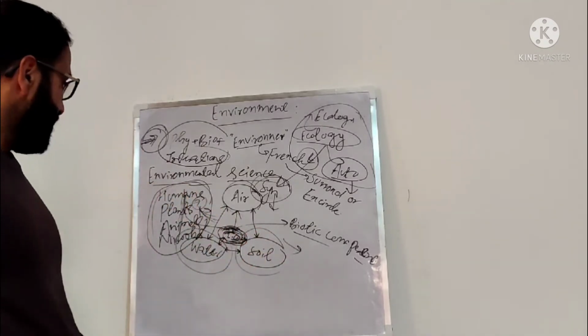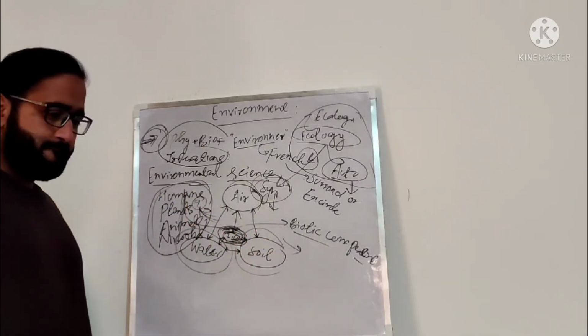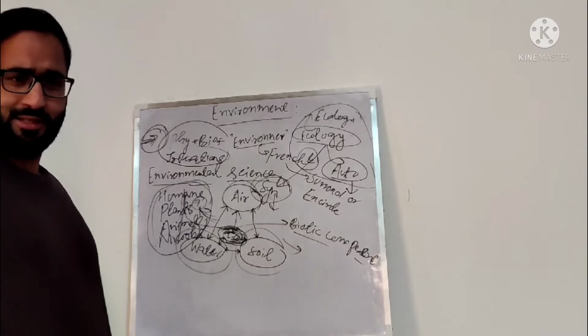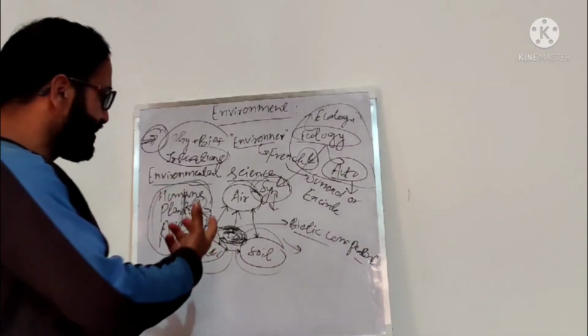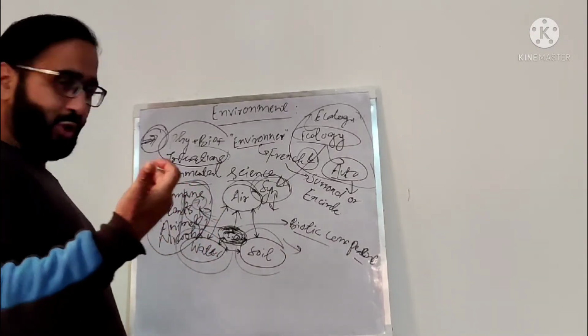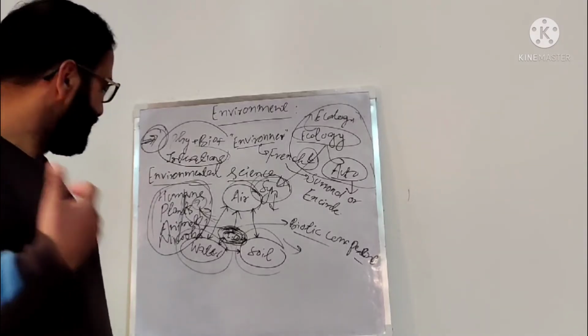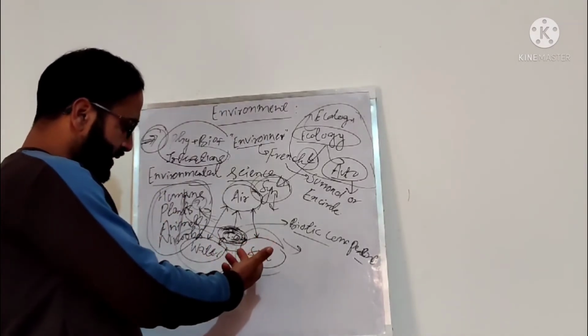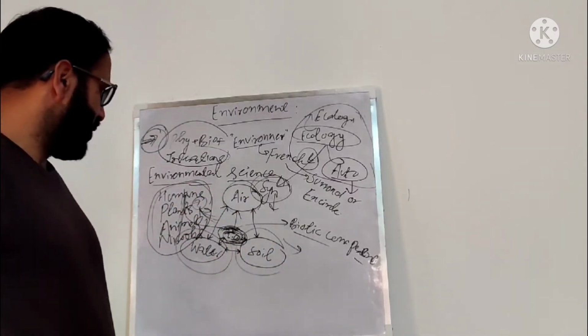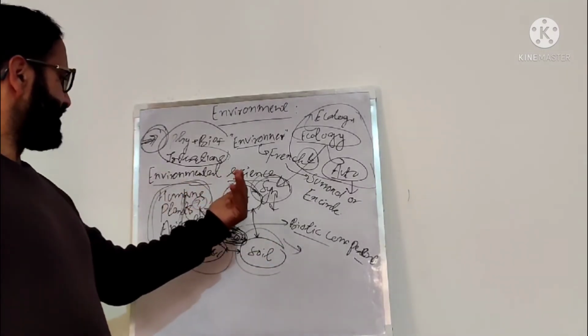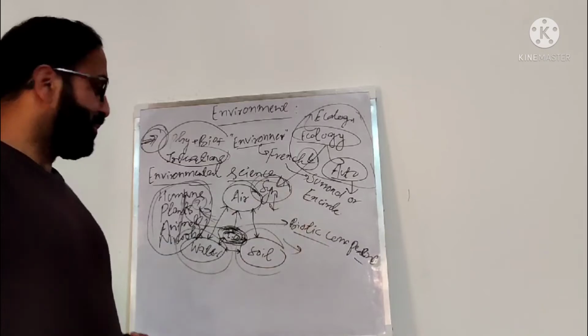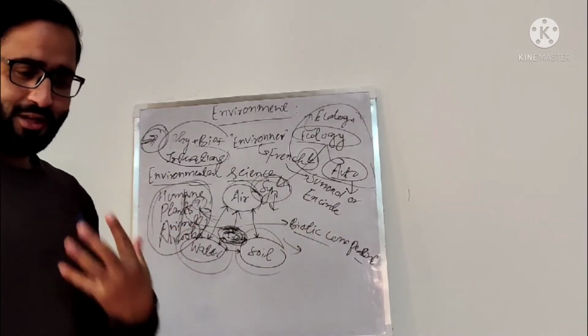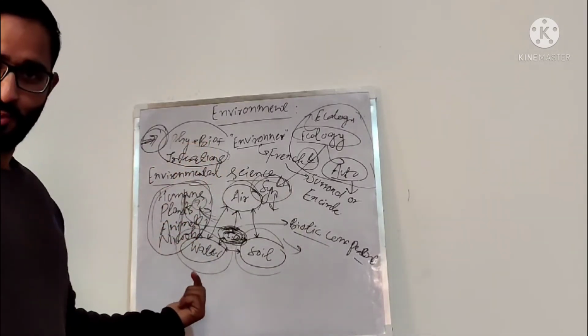In botany, it is one discipline where we study plants. In zoology, we study animals. In hydrology, we study water. In soil science, we study soil. In atmospheric sciences, we study the atmosphere. But when we are to study the environment, we must know all these components.